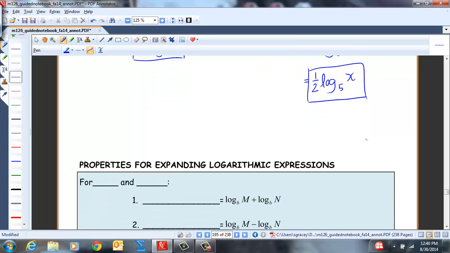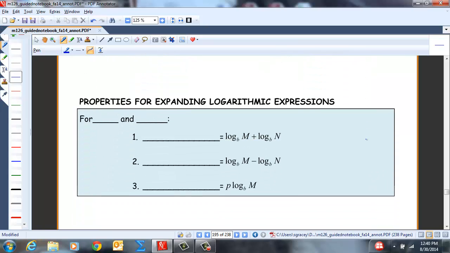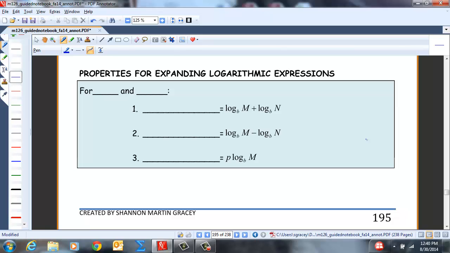Okay, so properties for expanding logarithmic expressions. This is just a summary of this stuff. We want positive m, positive n, and I want to keep the notation the same, so let's change these bases to a.